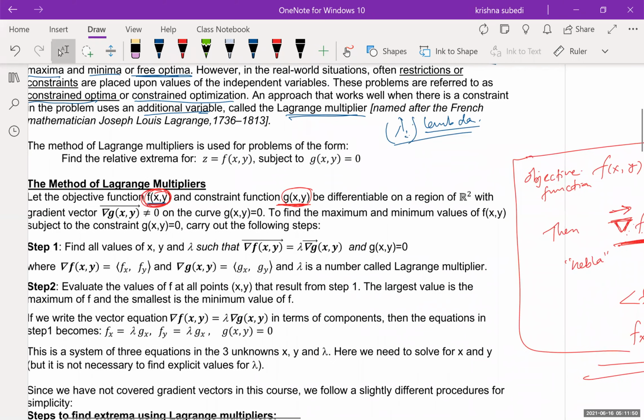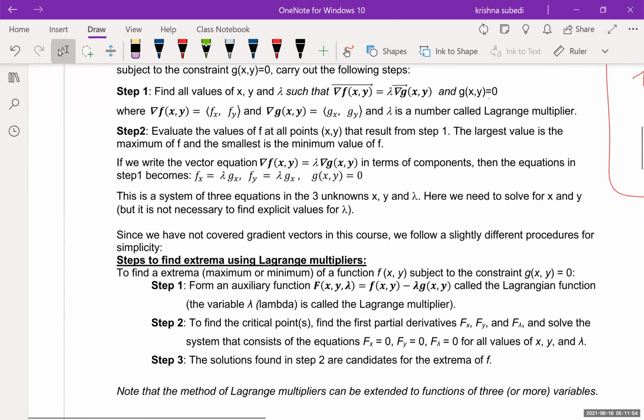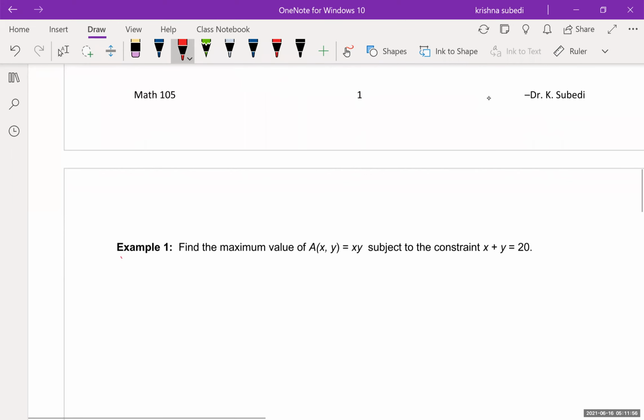Okay? Let's look at example 1. Find the maximum value of f(x, y) equals xy subject to the constraint x plus y equals 20. So here we want to maximize this f function.